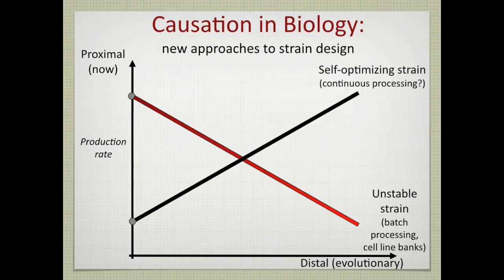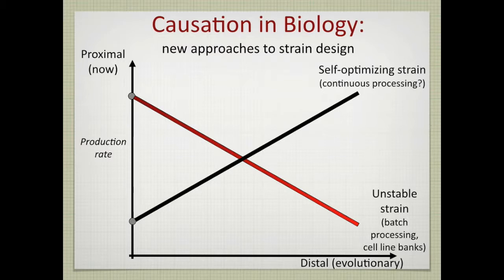And this is one consequence of genome scale science, that it is possible, at least conceptually and in practice for a few demonstrated cases, that you can couple the proximal phenotype you want to the evolutionary process that you can impose on an organism.